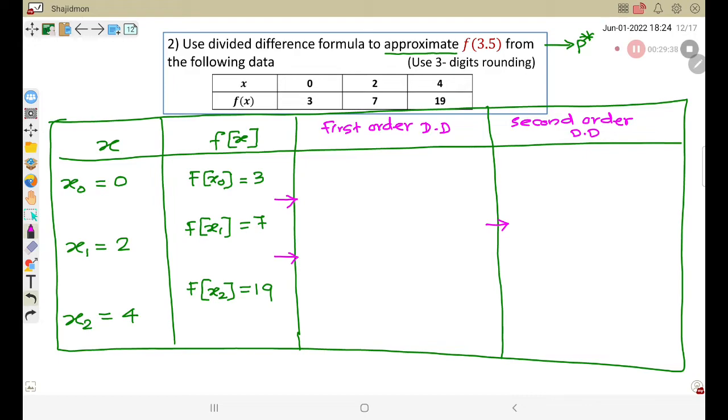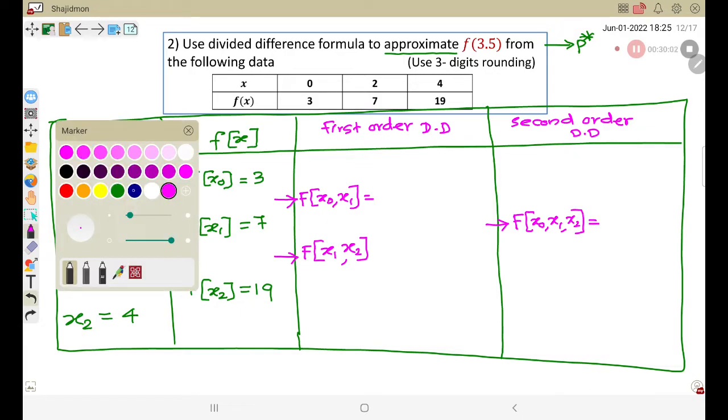First order means two numbers at a time: first x0, x1, then the next two, x1 and x2. Second order takes three numbers at a time, f of x0, x1, x2.